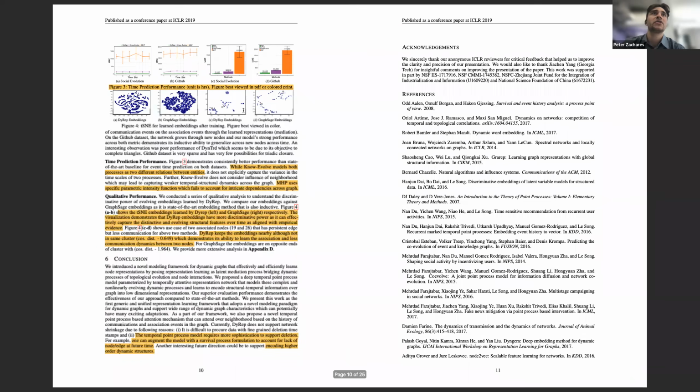Then they also compare their method in terms of time prediction performance, and again, their method does way better than the other two methods. One thing that I think is a little bit misleading is they call their method unsupervised.